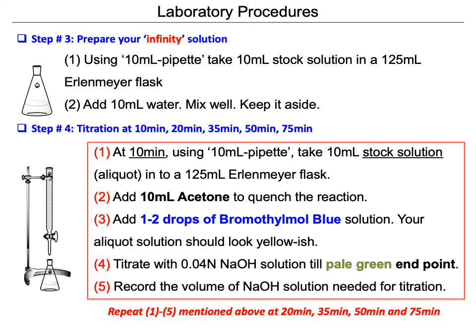We are going to add 2 drops of the indicator solution, which gives the color for titration, and titrate with the 0.04 normal sodium hydroxide. We just wait till the whole solution becomes pale green at the end point. Then we record the sodium hydroxide that we used to change the color.